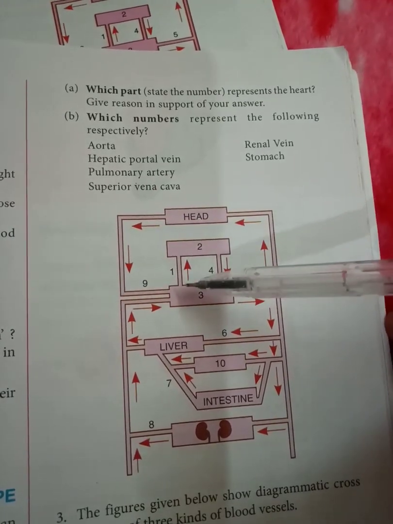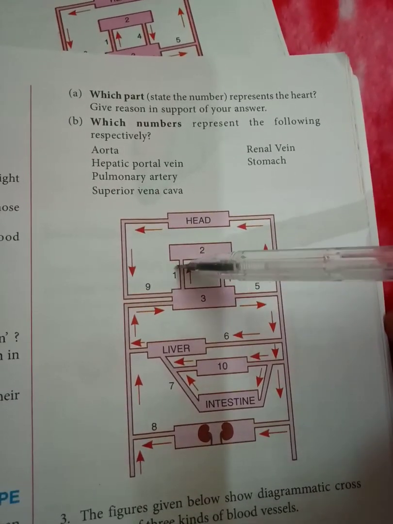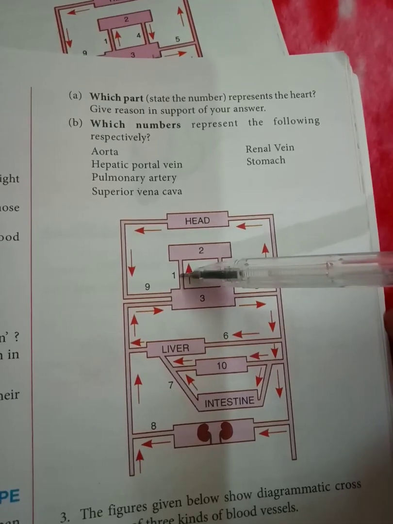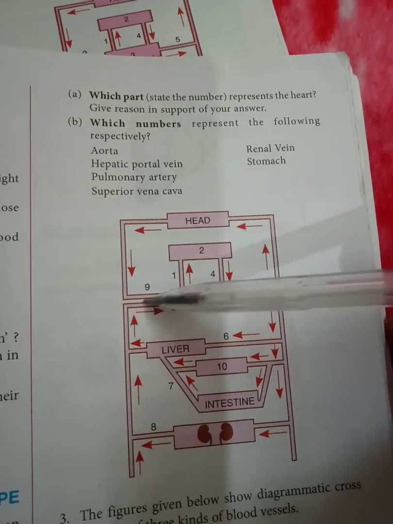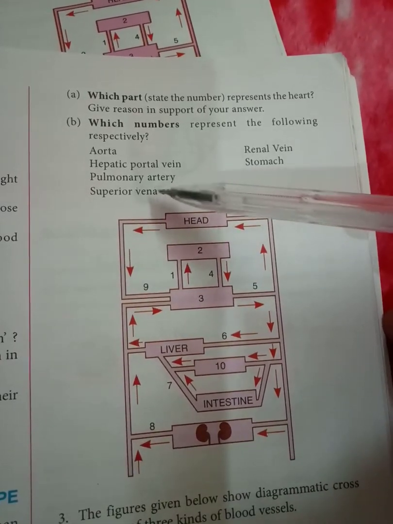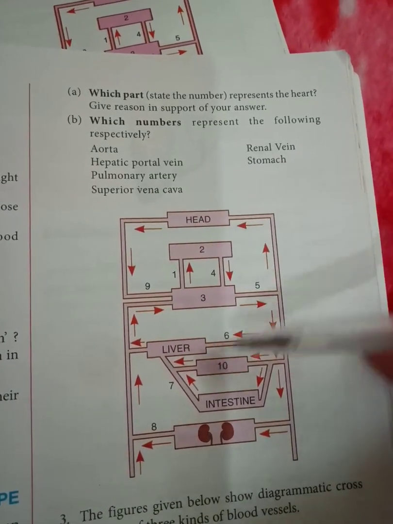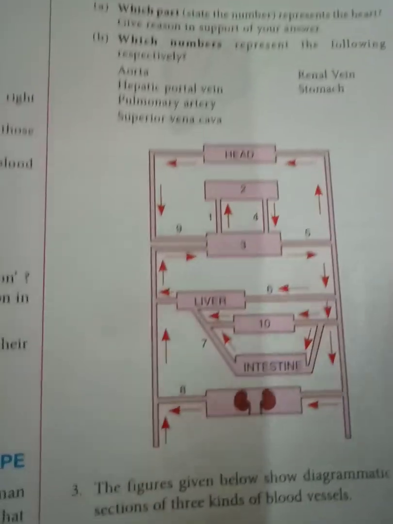Pulmonary artery would be number 1. Then superior vena cava is this one, number 9, coming from the head area. Then stomach is this, number 10.